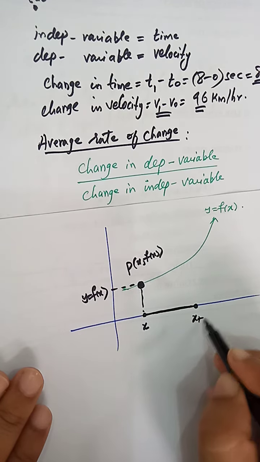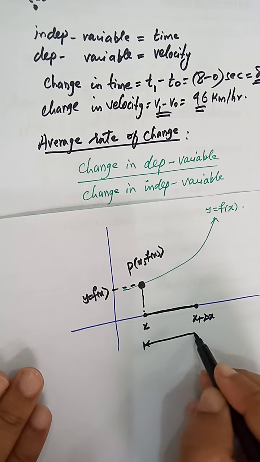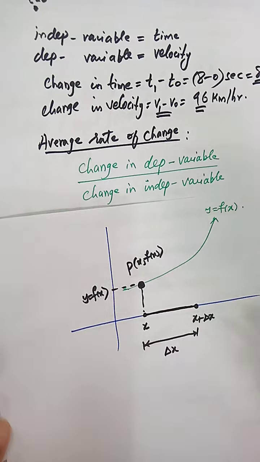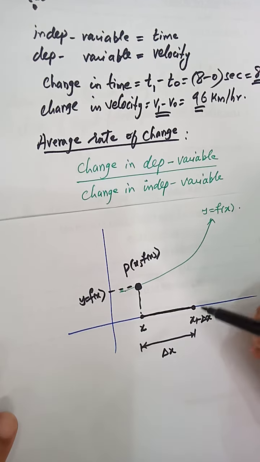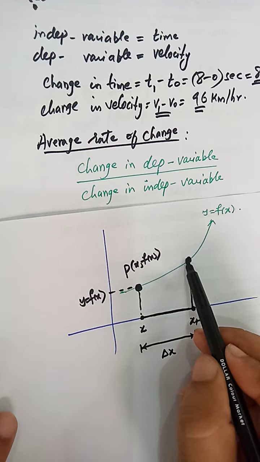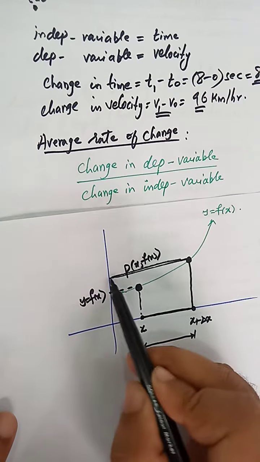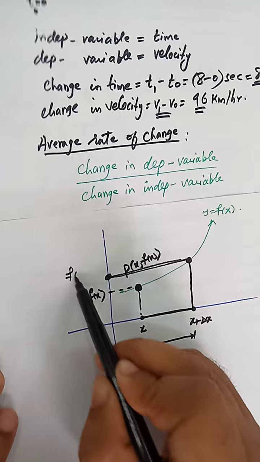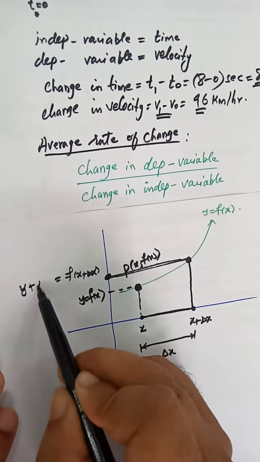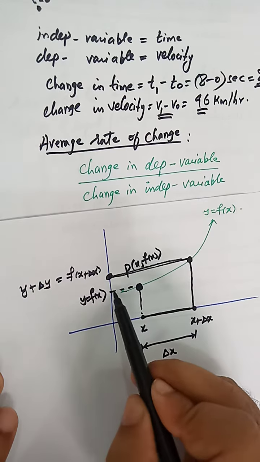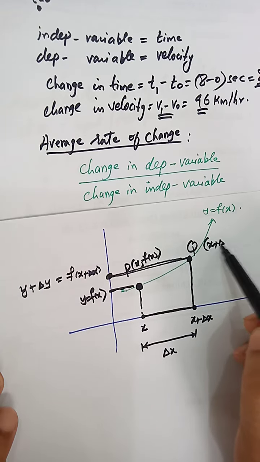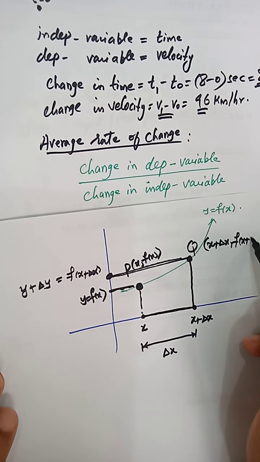So that is x plus delta x, that is delta x. You change your independent variable by delta x. तो जब आपने अपने इंडिपेंडेंट वेरिएबल को चेंज किया तो उसके मुताबिक आपका डिपेंडेंट वेरिएबल भी चेंज होगा, that will be f of x plus delta x, which can be written as y plus delta y. So आप देख सकते हैं, let's say that is point Q and the coordinate of this point will be (x plus delta x, f of x plus delta x).